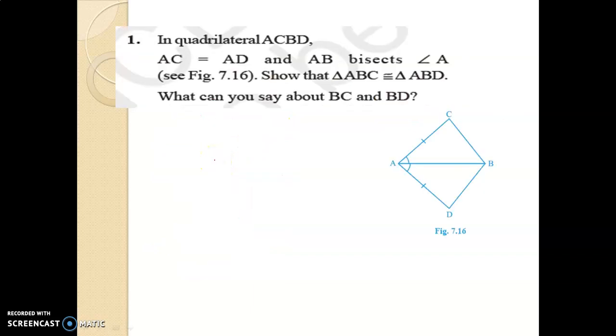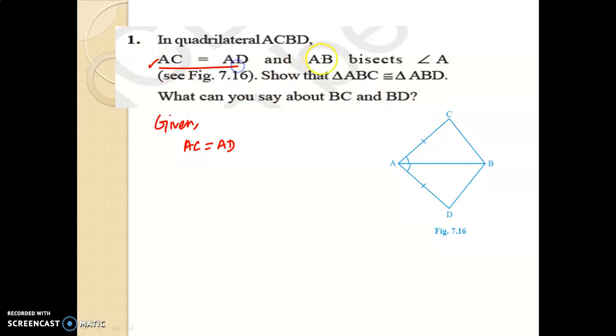Okay. Look at this example now. In the quadrilateral ABCD, so in the figure, one quadrilateral is given, that is ABCD, in which these two sides are same. That is, what is given here? So given AC equal to AD. Okay. So that is what they marked with the single mark here.